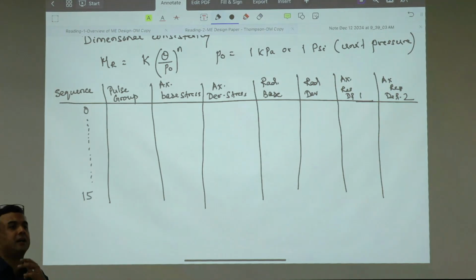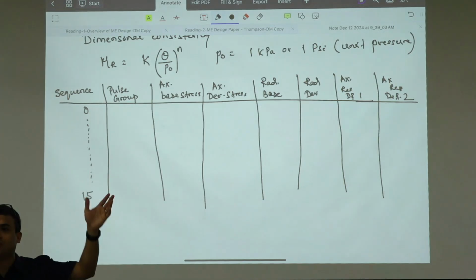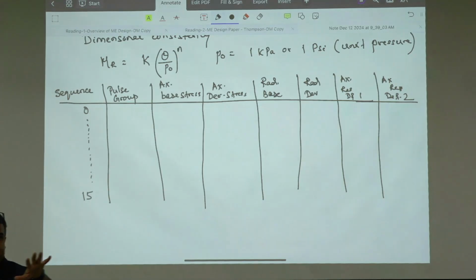It's basically a test ending protocol, so it's not an official stress sequence. So you only care about 0 to 14, which is the 15 stress states. So this 15 in your file you can ignore. You don't have to do anything, okay?